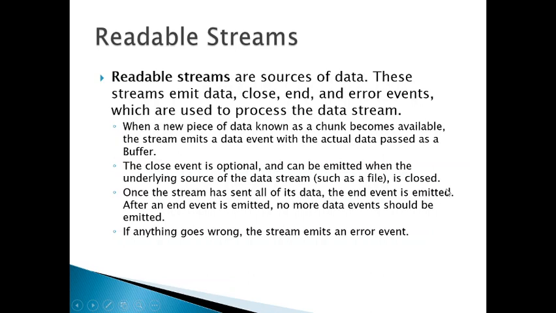Like if a request has been sent to the user, you will be listening to the end event, and after the end event you can proceed. After an end event is emitted, no more data events should be emitted. If anything goes wrong, the stream emits an error event.